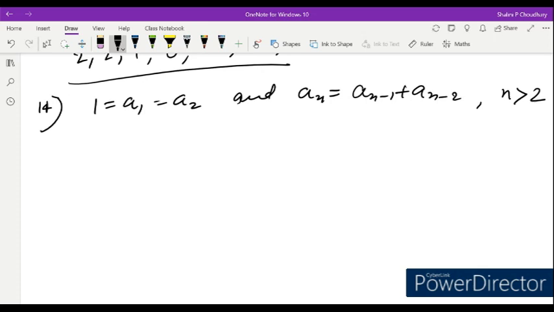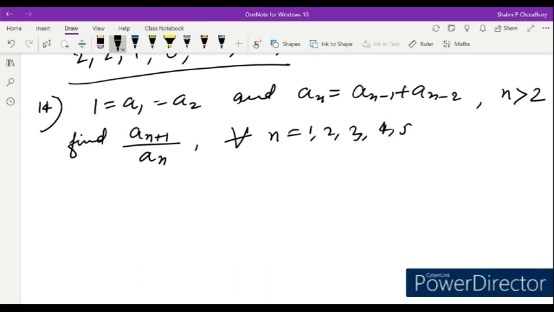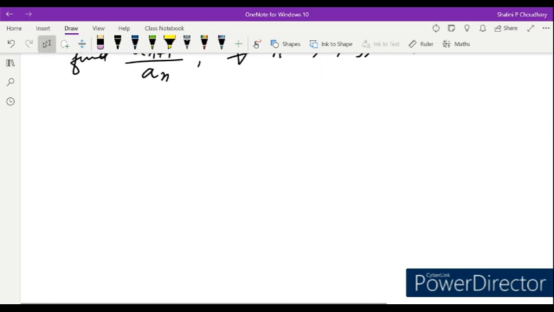So what we have to find out? We have to find out an plus 1 divided by an for all n is equal to 1, 2, 3, 4, 5. Okay, so you have to find out this one.